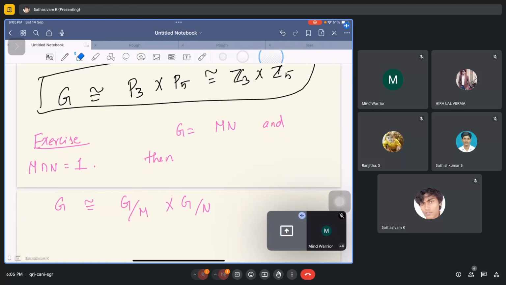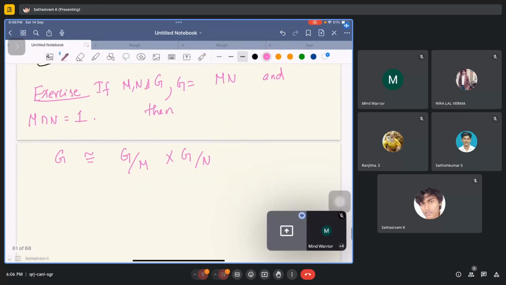So if M, N are normal subgroups of G and G equals MN, and the intersection is 1, then basically this is isomorphic to this.